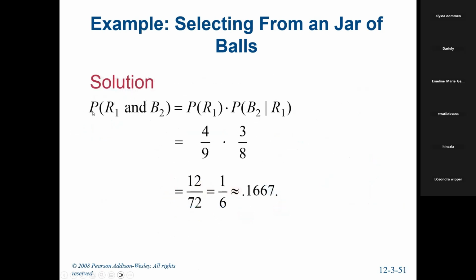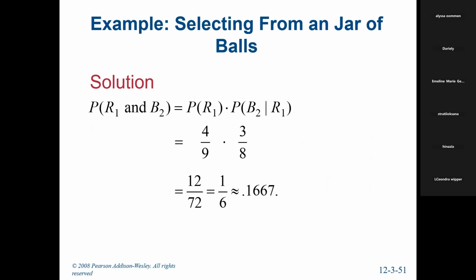The probability the first ball is a red ball, R stands for red, and the second ball is a blue ball. So that's P of R1 times P of B2 given R1. The 2 events are not independent. So that's 4 over 9 times 3 over 8, which is 1 over 6. Got it?